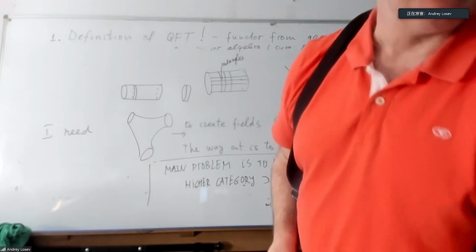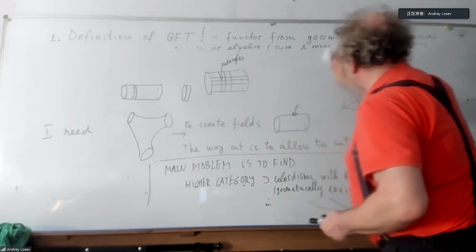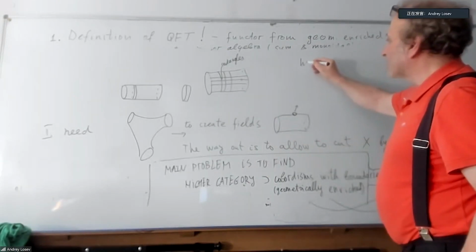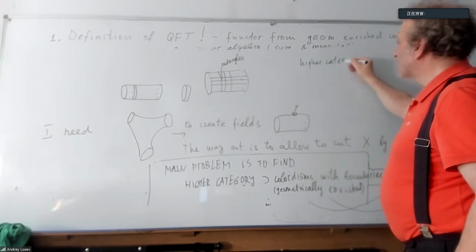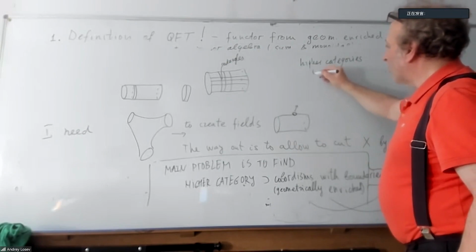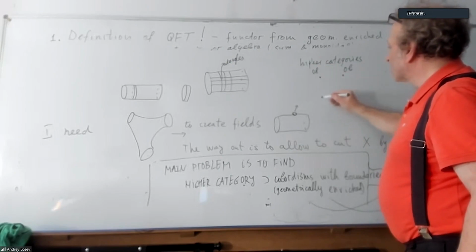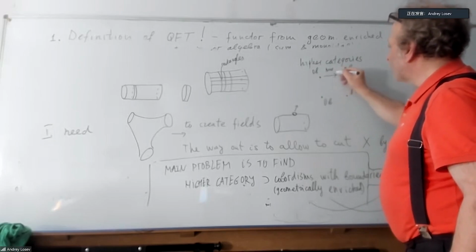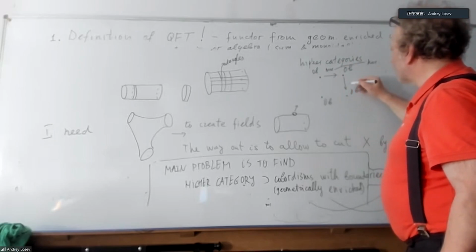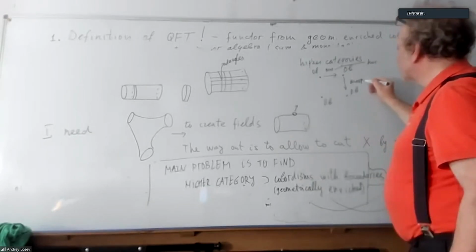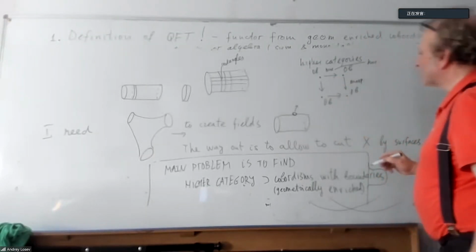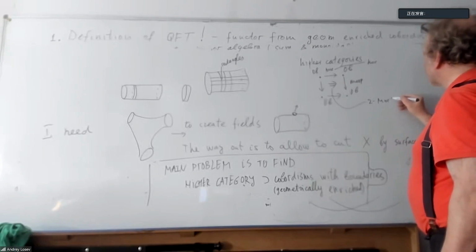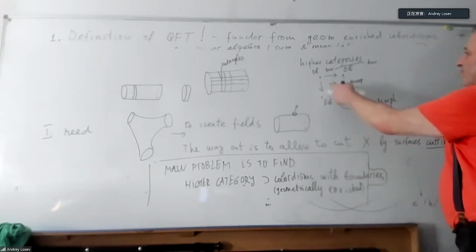So here we are coming to mathematicians, and mathematicians would say that we always have something that we need. It's called higher category. Where you have objects, where you have morphisms. So these are called horizontal, and these are called vertical. And here we have this thing. It's called two morphisms, or morphism between morphisms.